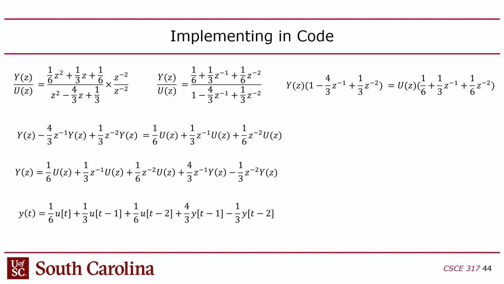We want to stay in the Z domain, but instead of a ratio of 2 polynomials, which is the way that we check for stability, you can use algebra to convert it into a form where the output, y, is a function of the input, except you want all of the z exponents to be negative, not positive.